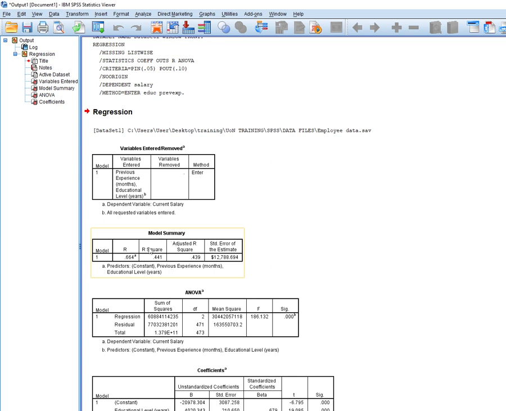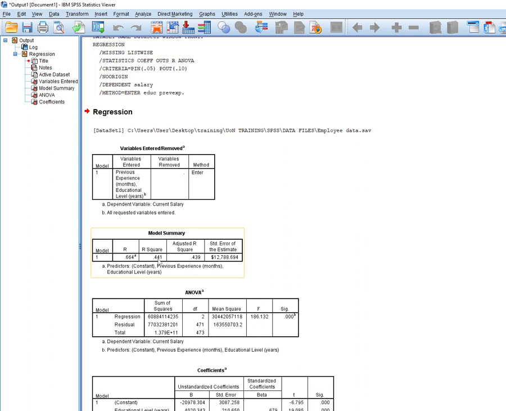We'll start with the model summary. The model summary will provide for us the R squared. Here we can tell that we're getting 0.44. The drill is to convert that decimal to a percentage. So we're going to say we have an R squared of 44%.